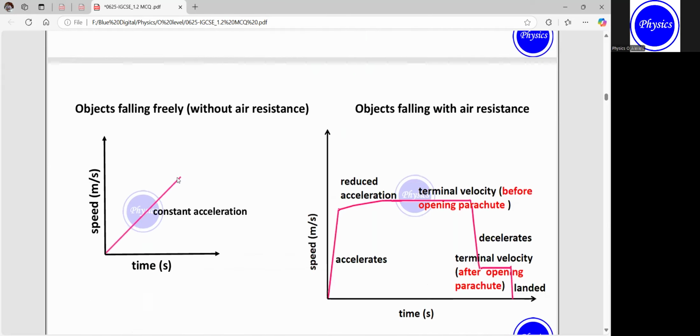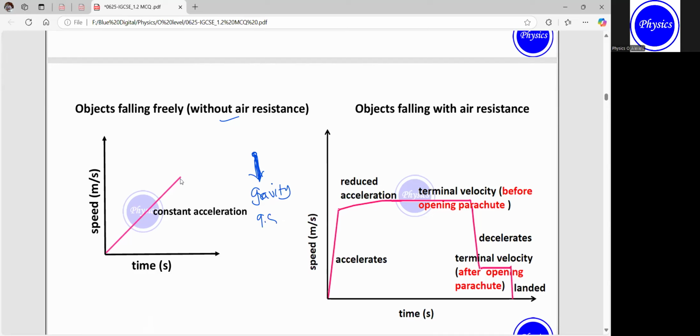Okay. And the last section of this unit, motion, deals with free fall of objects without air resistance and objects falling with air resistance. When an object is not experiencing any air resistance, that means it is falling only under gravity.